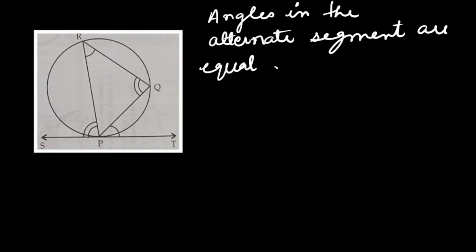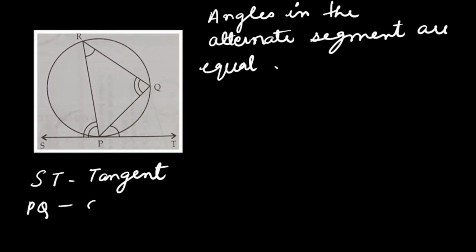What is this property? If we have an angle between a tangent and a chord, the tangent is this line. Here ST passes through the circle with one point of contact, so ST is a tangent.